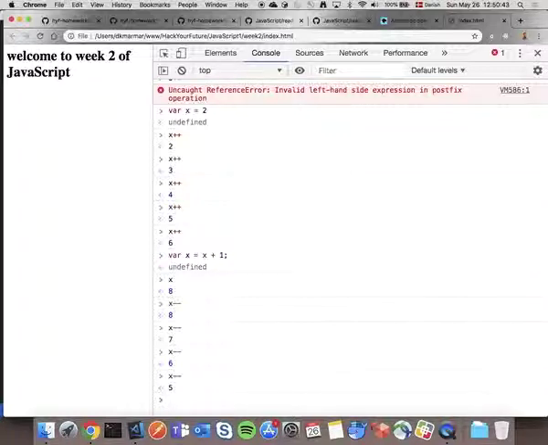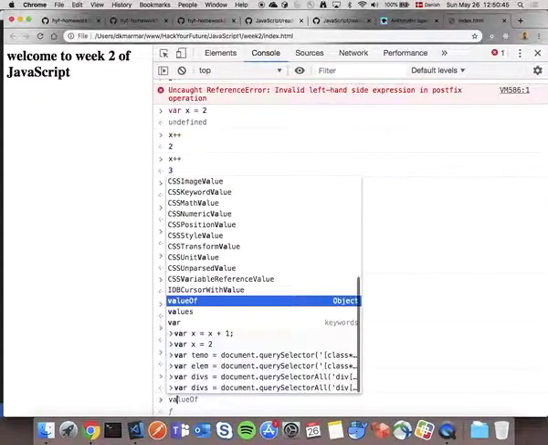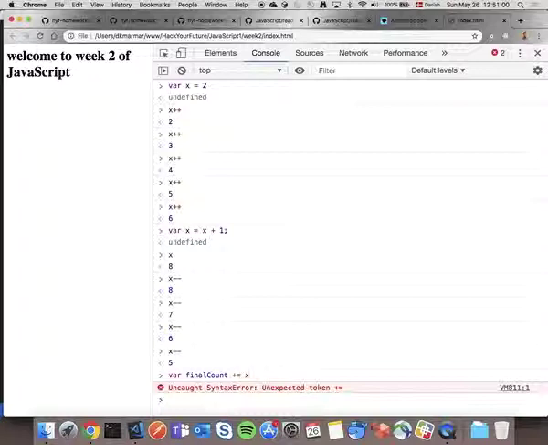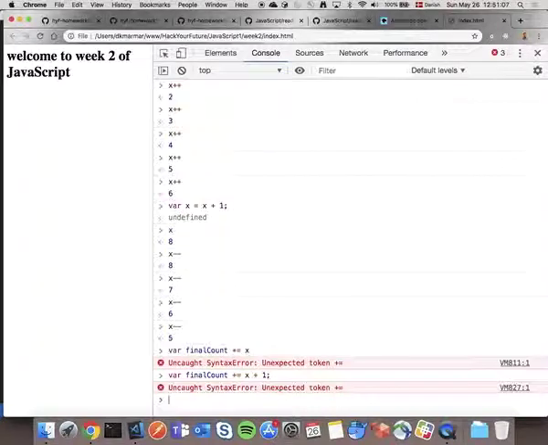Okay, so now x is 5, right? Now let's have a variable final count. Why not? I need to give some number, right? Is that valid?